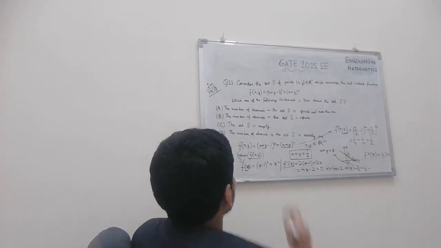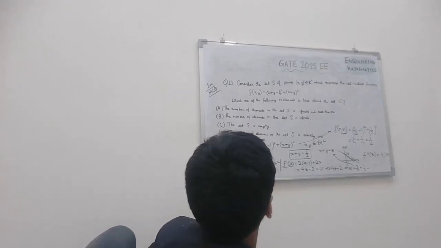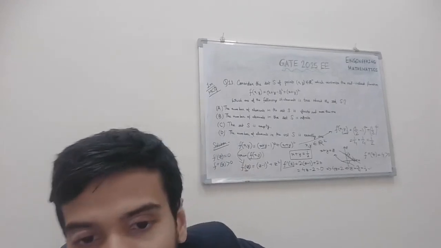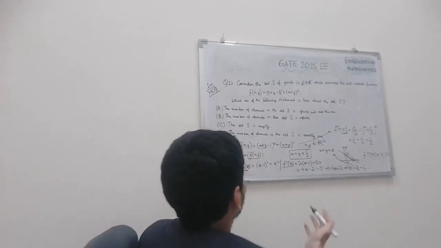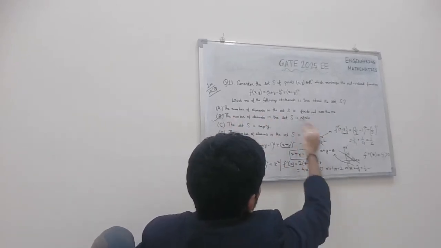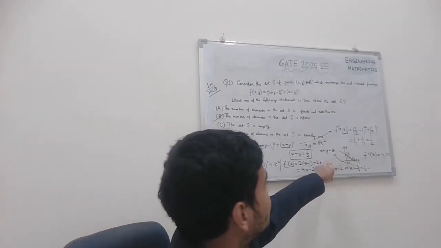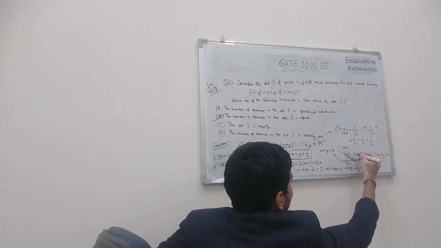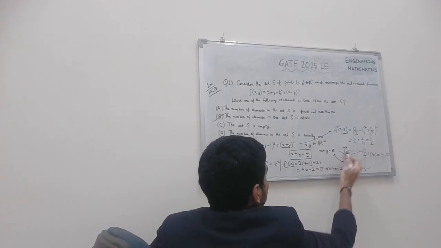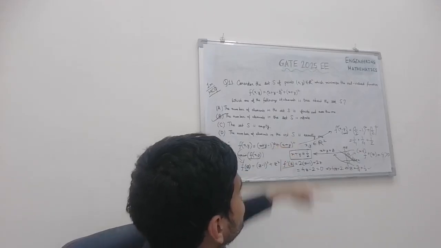According to the question, now we have the options. The appropriate option in this case will be which one? The number of elements in the set will be infinite, as all the points lying on the line x plus y equal to half will be a part of the set.